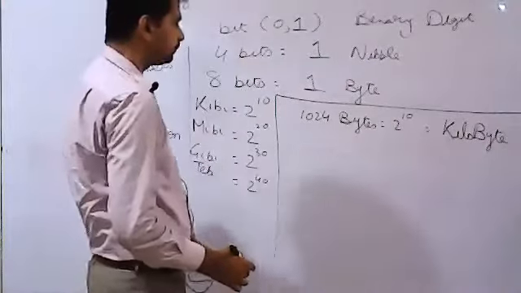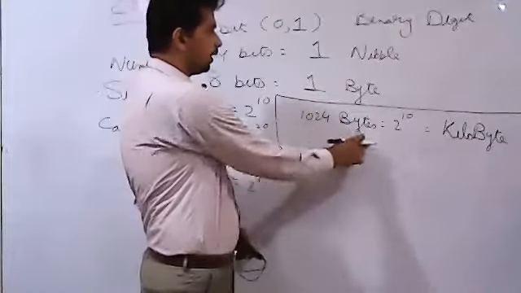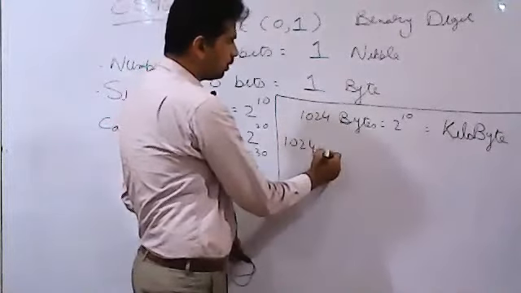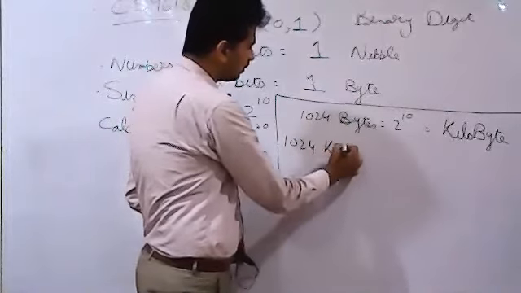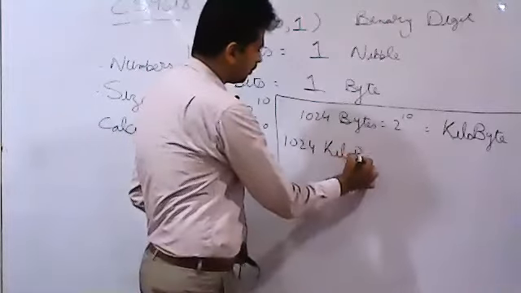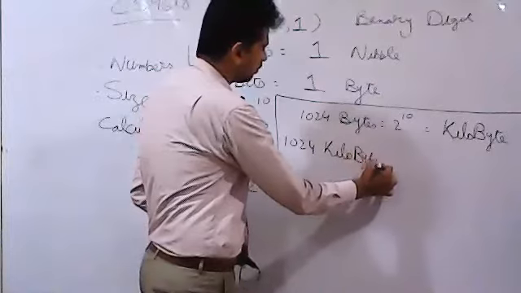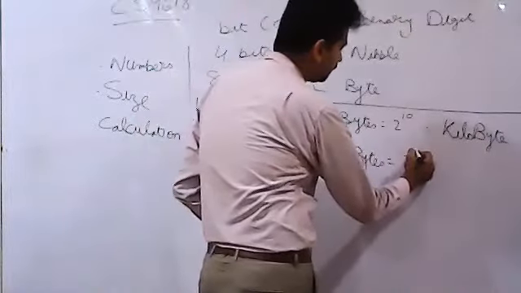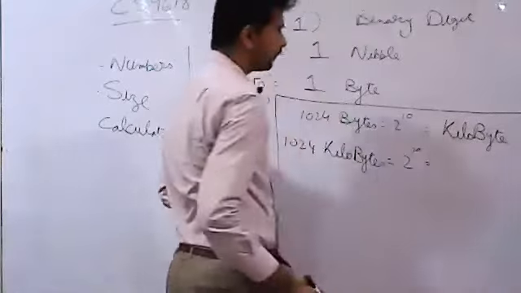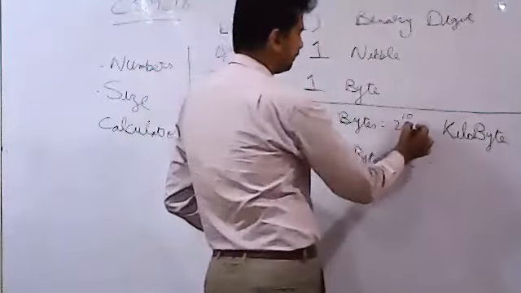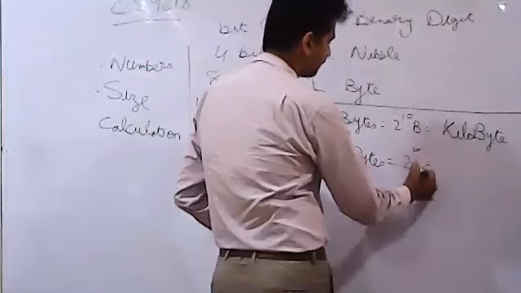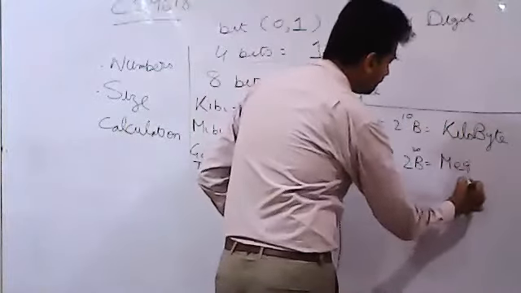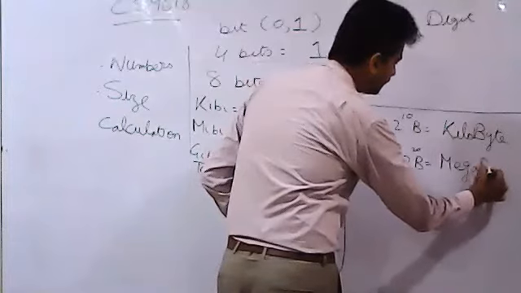Then 1024 kilobytes, or 2 raised to power 20 bytes, come together and make a megabyte.